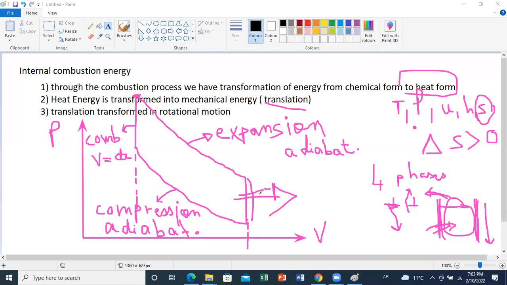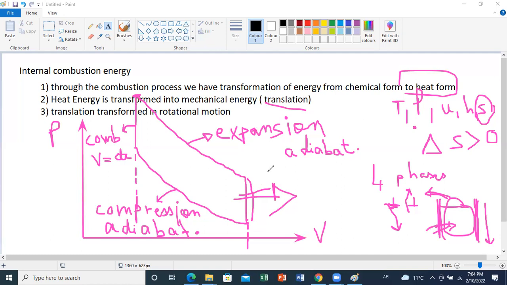Because you are exhausting your products of combustion, which are at high temperature, and replacing them in your cylinder with fresh air at a relatively low temperature. So this exchange of gases can be modeled as a constant volume process where heat is rejected.